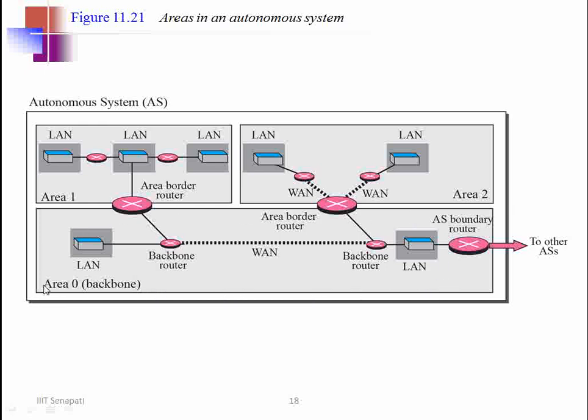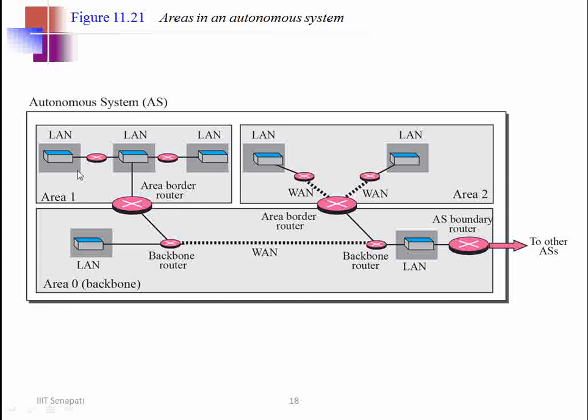It is area 0 actually, okay? They will be connected through a router, which will be called a backbone router. After that there will be a router which will connect the backbone to the area. They will be called area border routers.